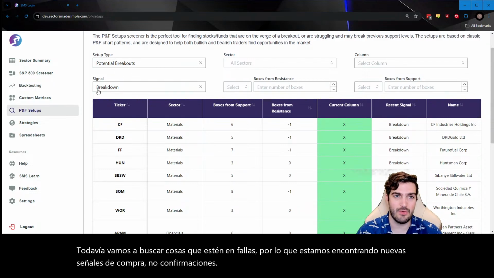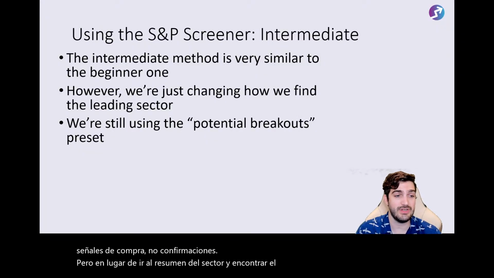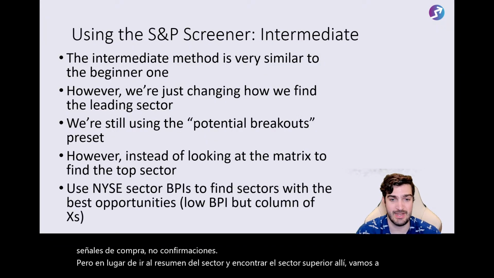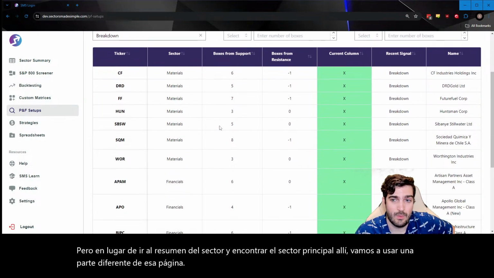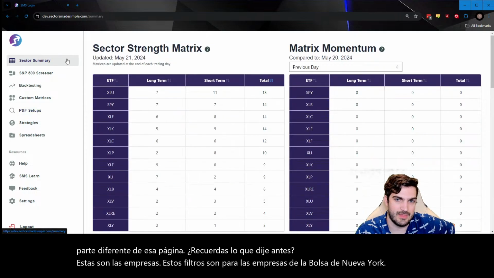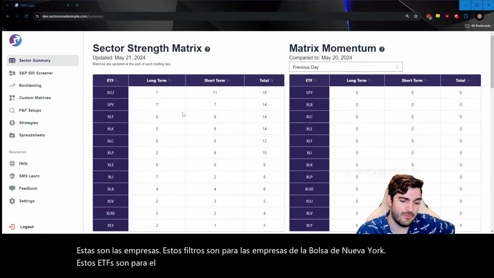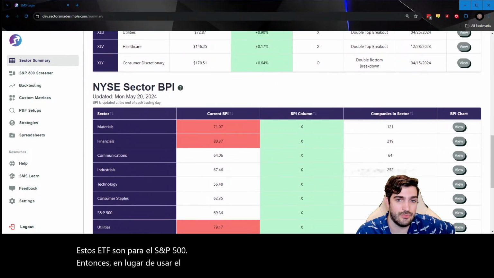But instead of going to the sector summary and finding the top sector there, we're going to use a different part of that page. Remember that I said before, these filters are for the companies in the New York Stock Exchange. These ETFs are for the S&P 500. So instead of using the S&P 500, why don't we use the New York Stock Exchange?